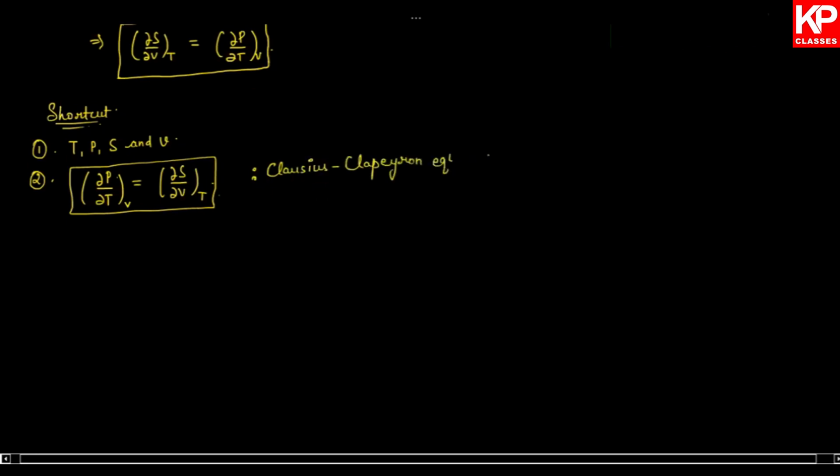We will be deriving different volume and temperature terms, and we will be using this Clausius-Clapeyron equation when we read about unary phases. So you just have to remember this particular equation, that is the Clausius-Clapeyron equation, given by T, P, S, V, or you can make your own way. You can directly remember this equation, and then you can find the other Maxwell equations directly based upon this. So make sure you remember this.